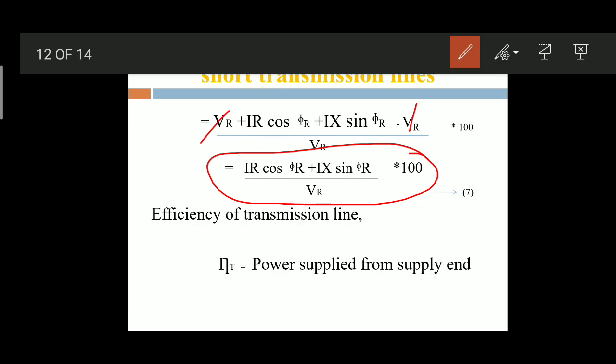This is the overall voltage regulation formula for the short transmission line.